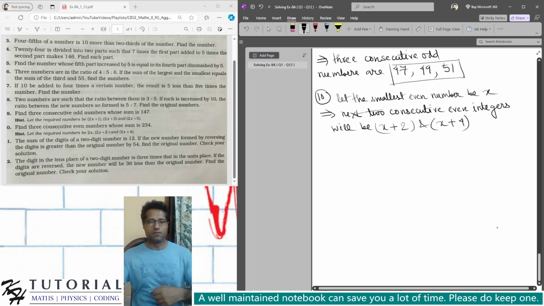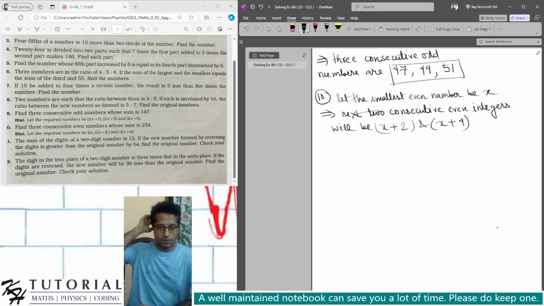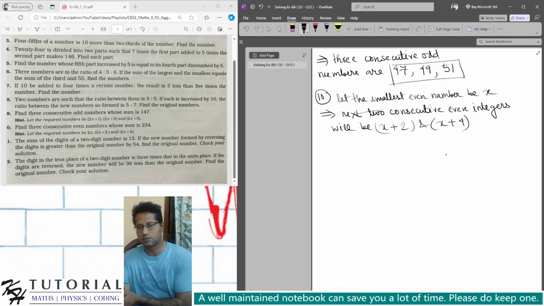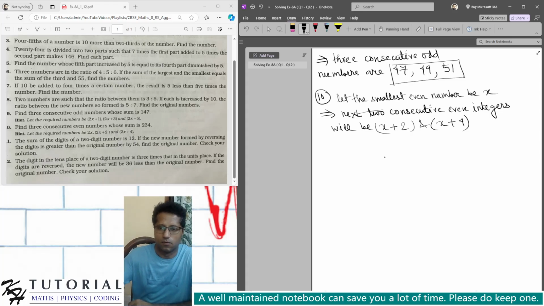So the difference between any 2 consecutive odd numbers is 2, and also the difference between any 2 consecutive even numbers is 2. This is the main concept. So if we assume that the smallest even integer of the 3 consecutive even integers is x, then the 3 consecutive even integers will be x, x plus 2, and x plus 4.